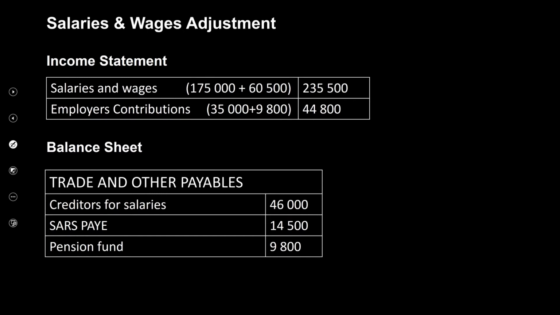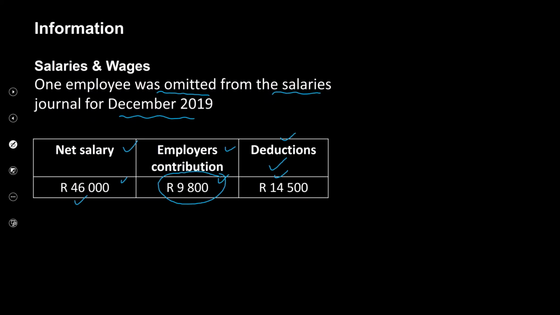Firstly, in my salaries and wages, start off with the trial balance figure, which was 175,000 plus 60,500. Where's the 60,500 coming from? Watch, 46,000 was your net salary plus your deduction of 14,500. If you add these two amounts, you're going to get a figure of 60,500. Okay, so here we go.